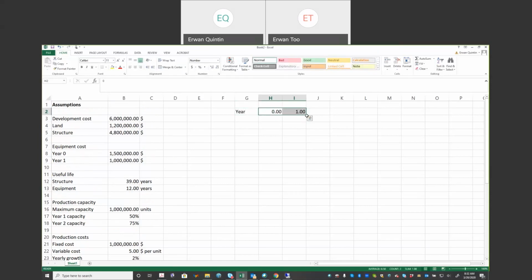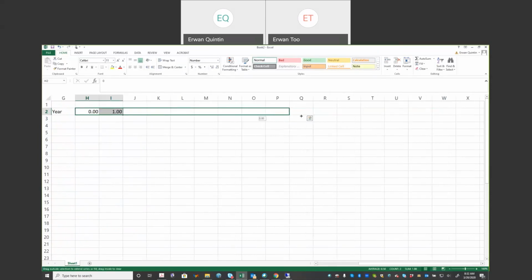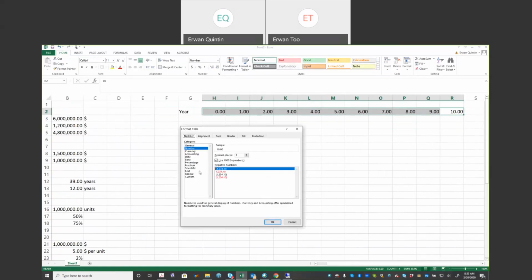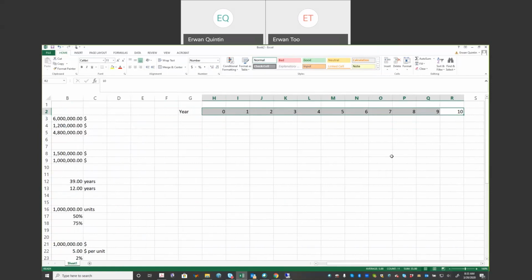So this is 0, 1, 2, 3. We're going to drag this to 10. There we go. This decimal format really does not make any sense for years, so I'm going to remove the comma separators and remove all the decimals. All of that is good.